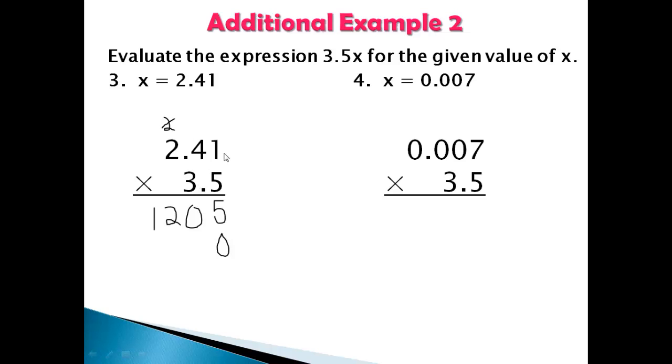Now 3 times 1 is 3. 3 times 4 is 12. We're going to carry our 1. And then 3 times 2 is 6, plus 1 is 7. Now we're going to add up our 2 rows.